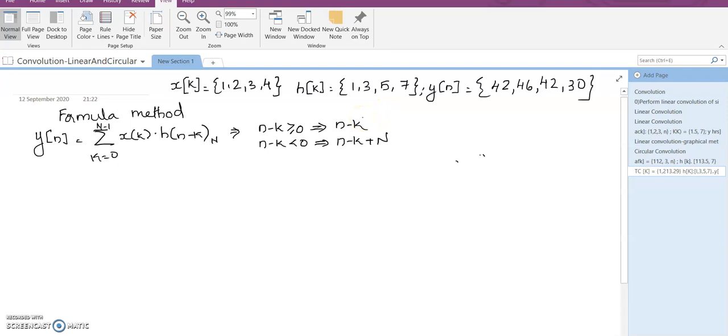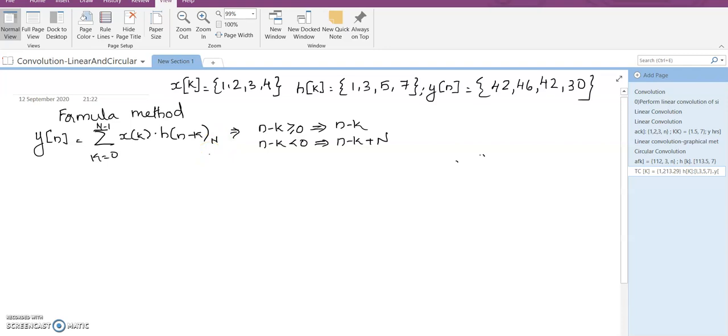This formula method is the same as the one used for convolution, except for the notation capital N, which refers to the fact that it is a periodic signal.